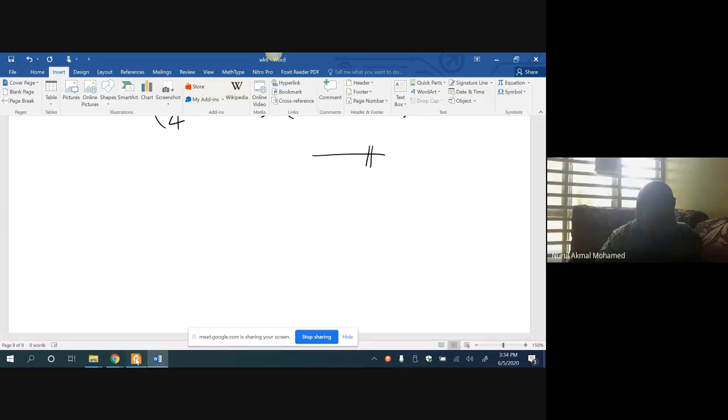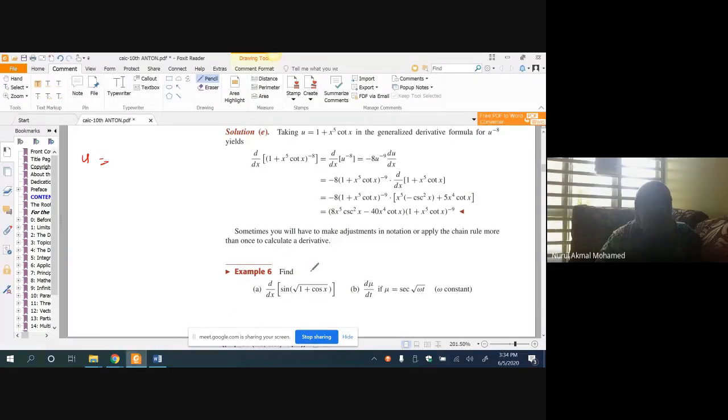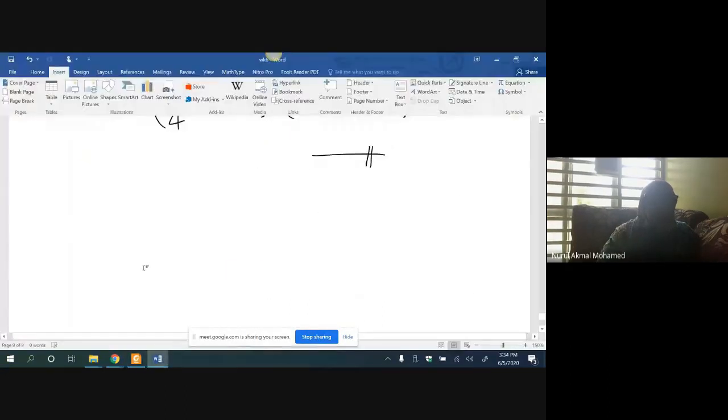The question is sine of the square root of 1 plus cos x.